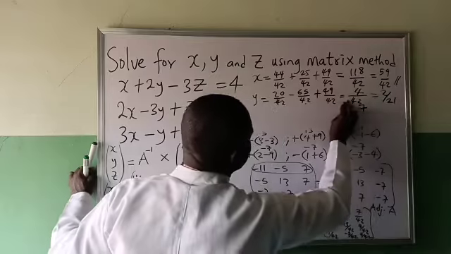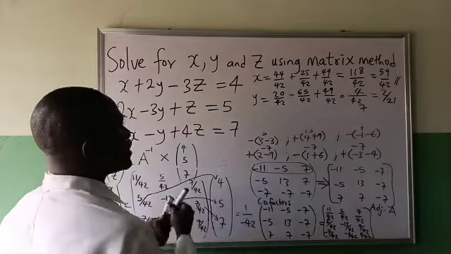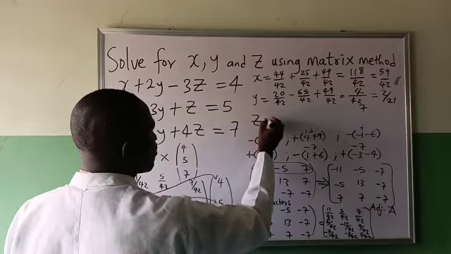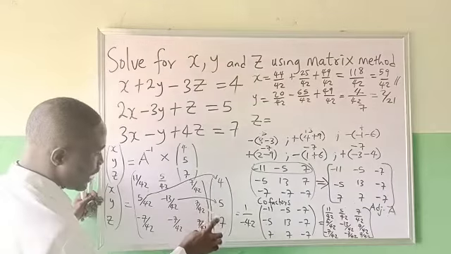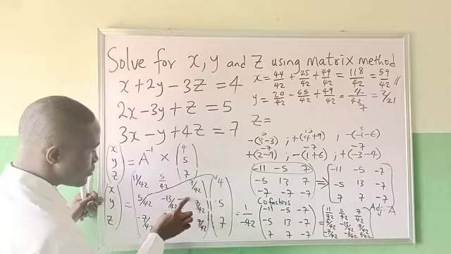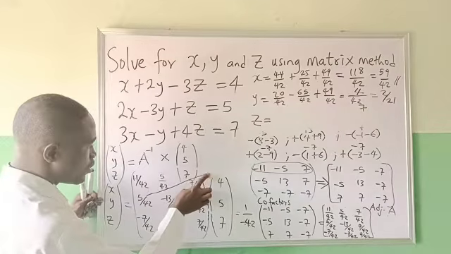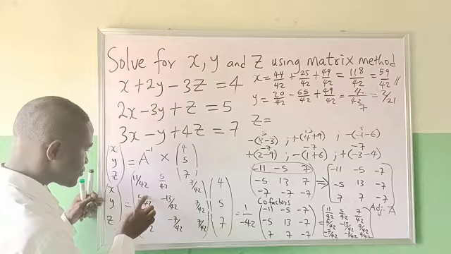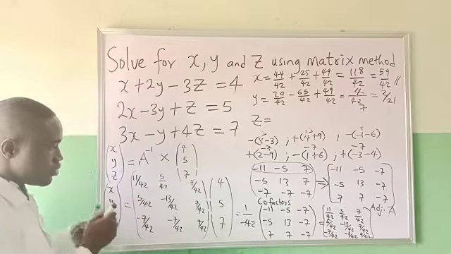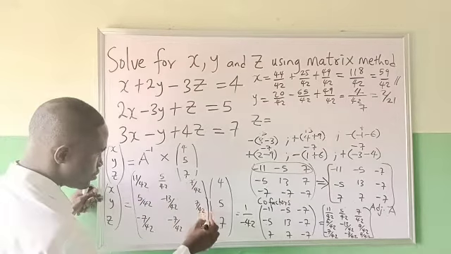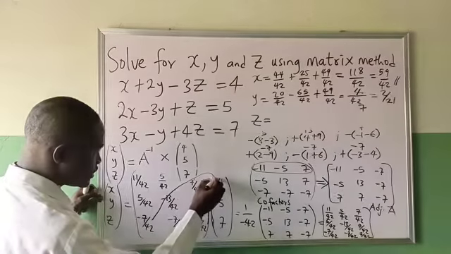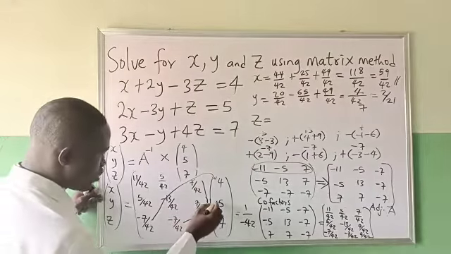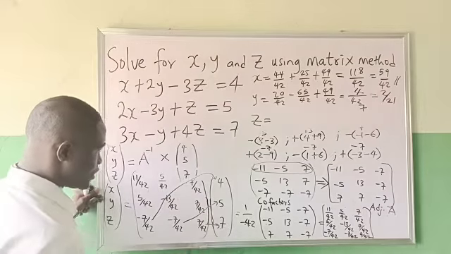Then I'll be getting my z. I'll be getting my z by saying z is equal to, I'll clean what I did for y so that I will not make mistake. So for z, this will go to this, this will go to this, and this will go to this.